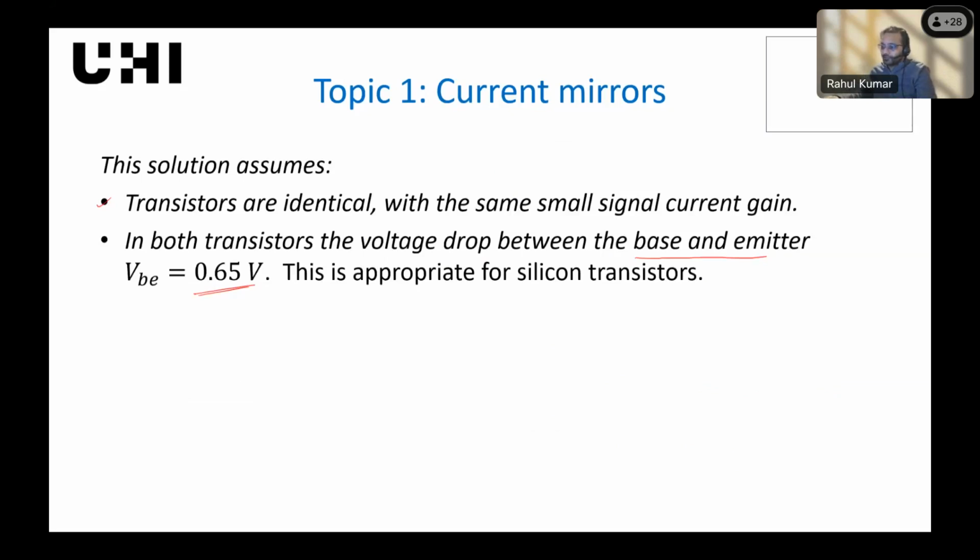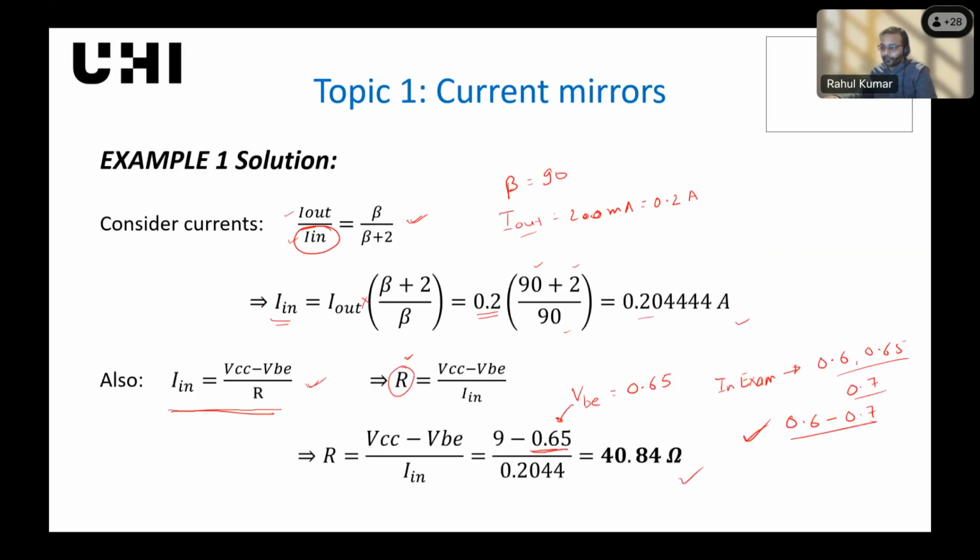One thing I can show you here, I don't know if you noticed. Let me go back. My output current was 0.2 amps, and my input current is coming to be slightly higher than the output current in this calculation.